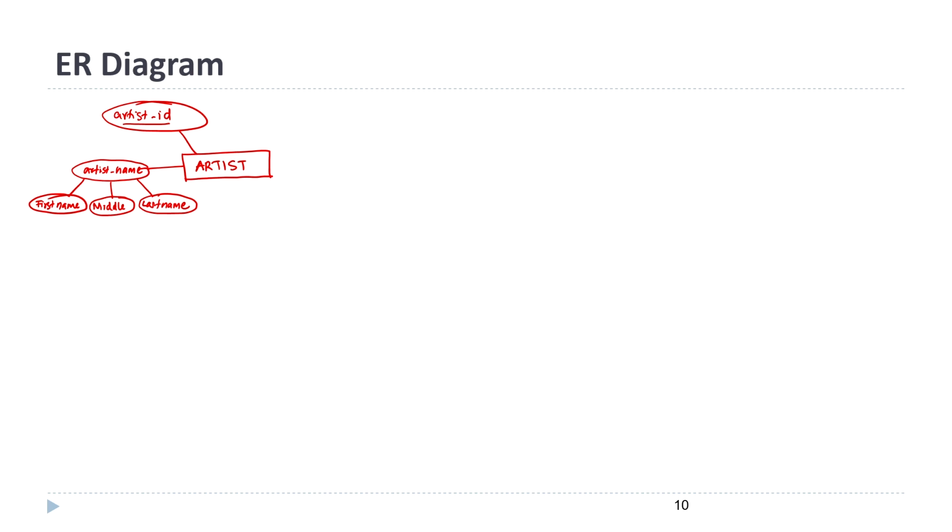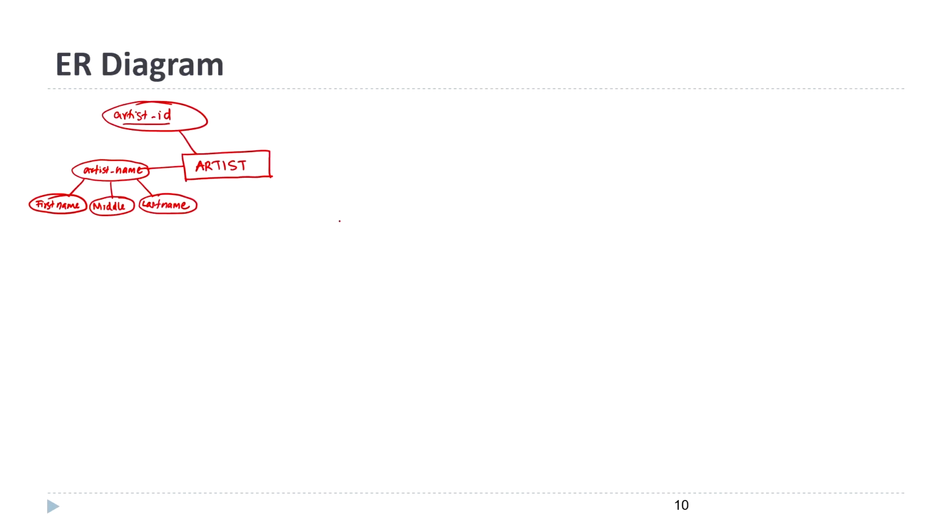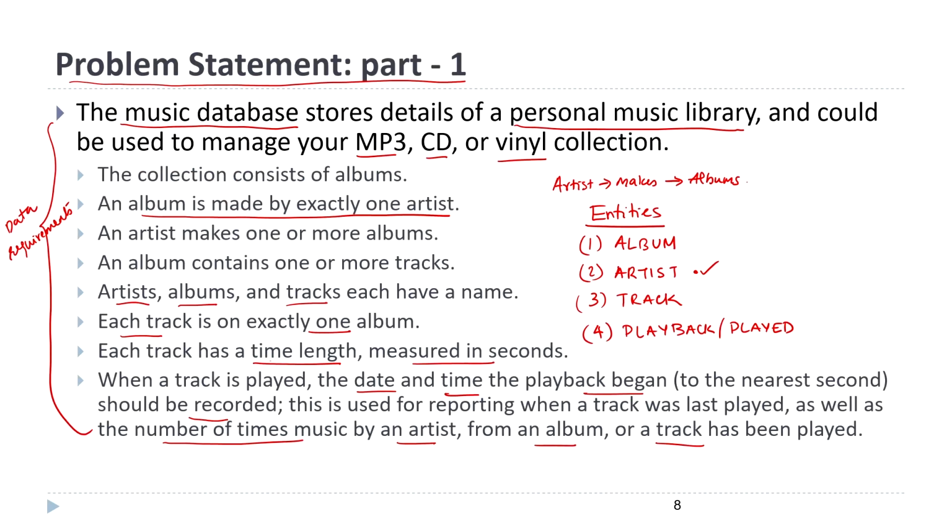Now, the artist, what do they do? We have seen in the relationship that an artist makes one or more albums. An album is made by exactly one artist. So, now I will take the next entity, I will draw it right here, which is the album. We have seen previously that an artist makes one or more albums.